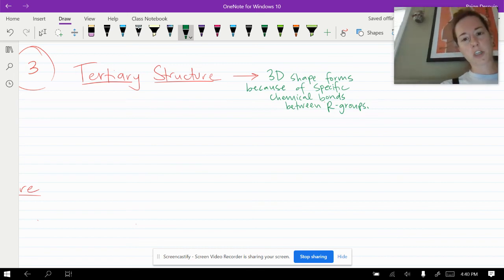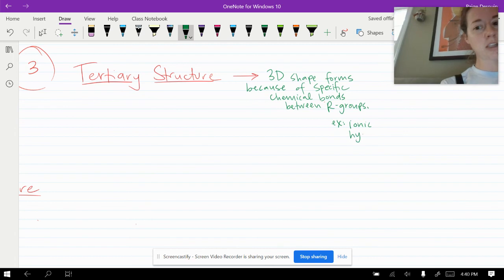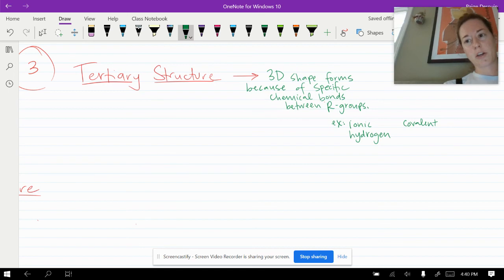They all have those special properties. So they could be ionic bonds, they could be hydrogen bonds, more hydrogen bonds. They could even be covalent bonds. So different bonds are going to pull different R chains together, and that's going to fold up the protein into a very specific 3D shape that allows it to do the job.